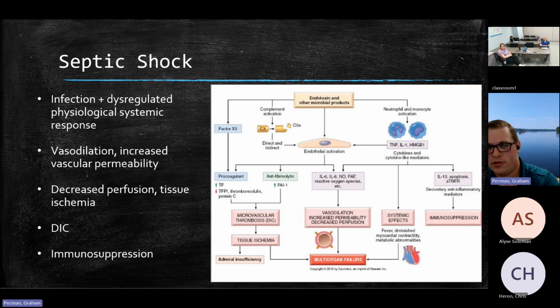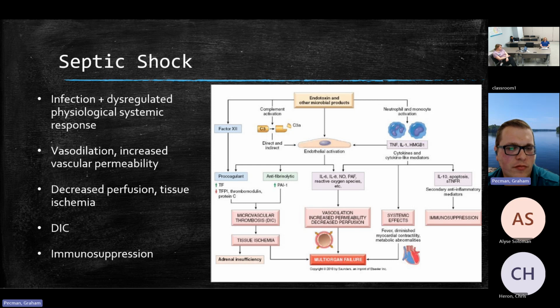So once you reach that septic shock end of the continuum, a few things are happening. Our patients have entered a state where they have a pretty severe infection with a dysregulation of that physiological response, either because of toxins being released by a particular bacteria, a virus that is circulating, or just an impaired response because of immunosuppression that was pre-existing or otherwise.